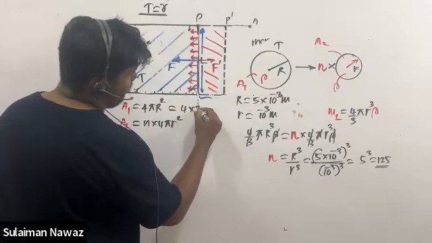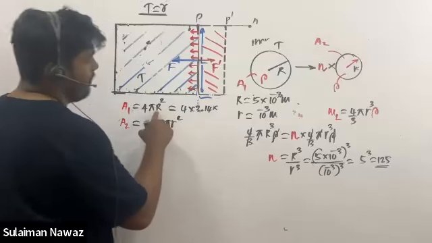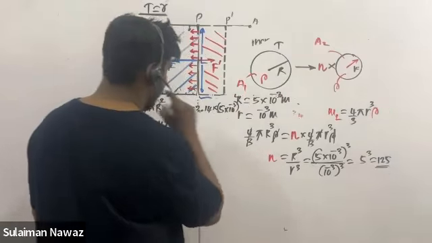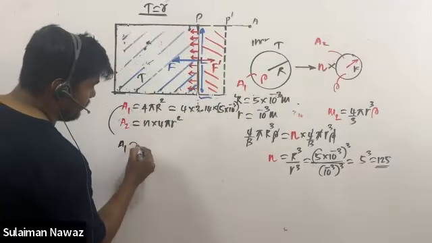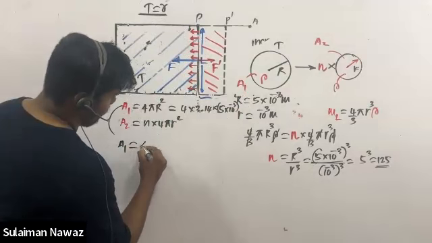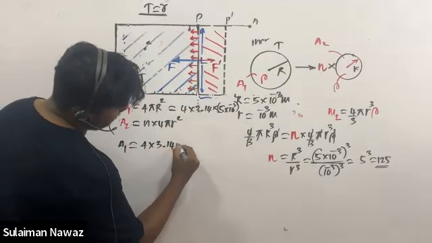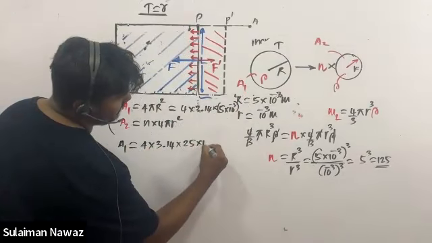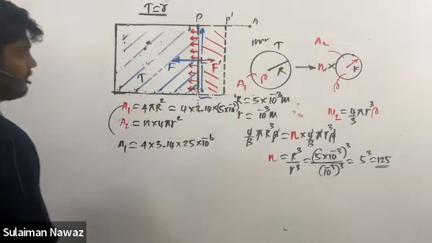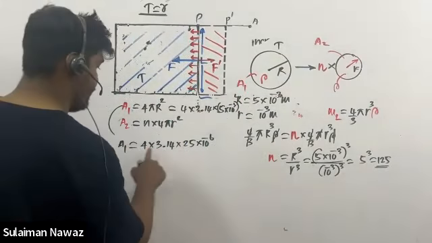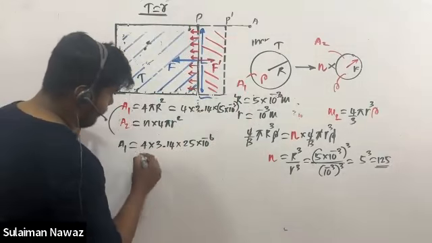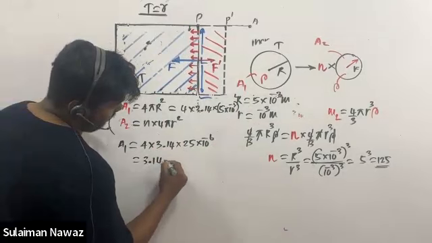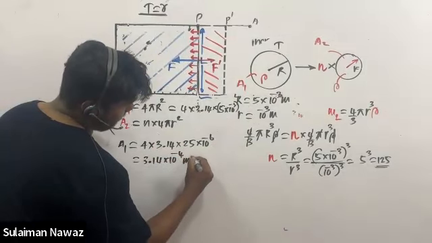Here A1 equals 4 into 3.14 into R squared, that is 5 times 10 to the minus 3, whole squared. Then A1 equals 4 into 3.14 into 25 minus 6. If you simplify, you get 100 into 3.14, which means 314 into 10 to the power minus 4 meters squared.